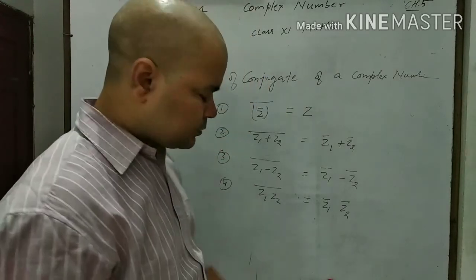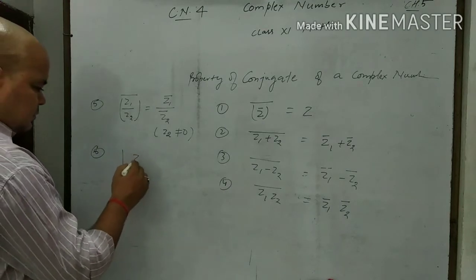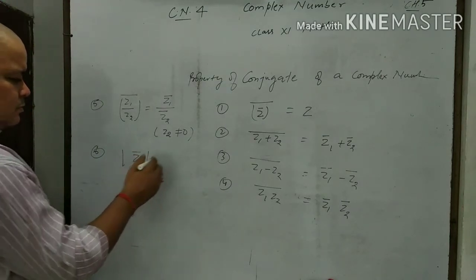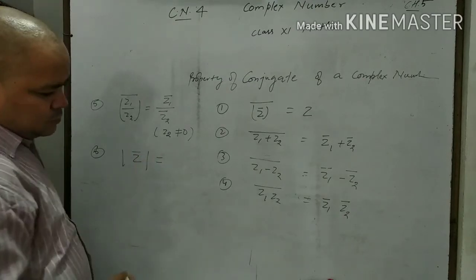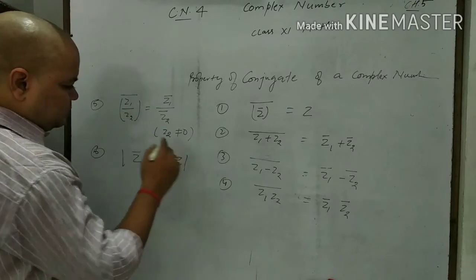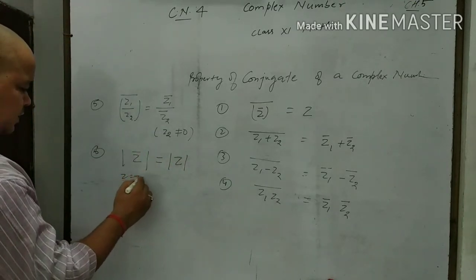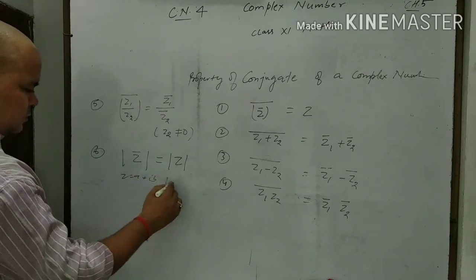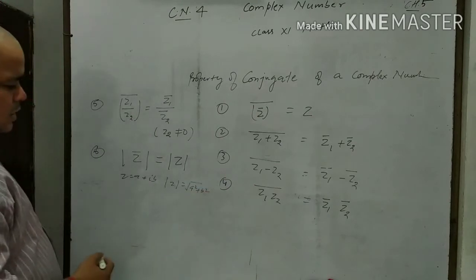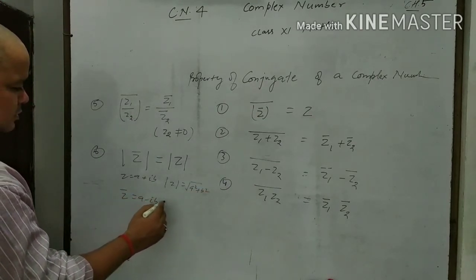Similarly, the modulus of conjugate of complex number is equal to modulus of z. Why? Here z is equal to a plus ib, then modulus of z is equal to under root a square plus b square, and conjugate of z is equal to a minus ib.